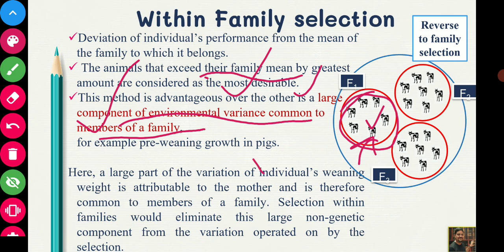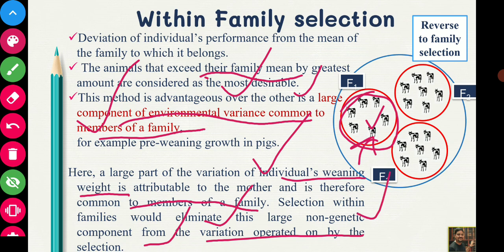This is the advantage of within family selection. In case of pig, I am talking about weaning weight. A large part of the variation of individuals' weaning weight is attributed to the mother and is therefore common to members of the family. But selection within family would eliminate this large non-genetic component from the variation operated on by selection. So in within family selection, the individual who deviates maximum from the family mean will be selected.